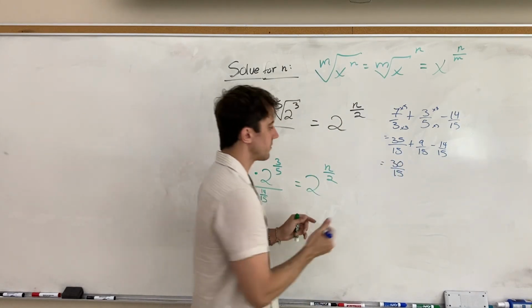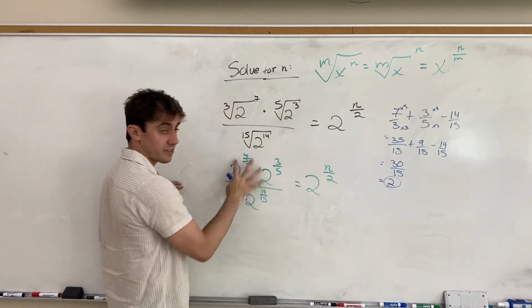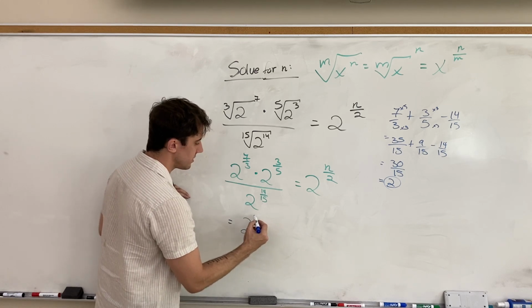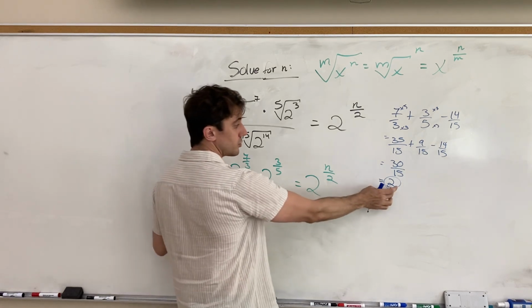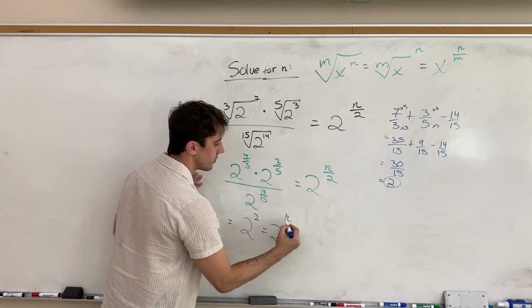And now we know 30 15ths is the same as 2. So that means that all of this, through exponent laws, simplifies down to 2 squared, the exponent of 2 on the 2, and now that's equal to 2 to the n over 2.